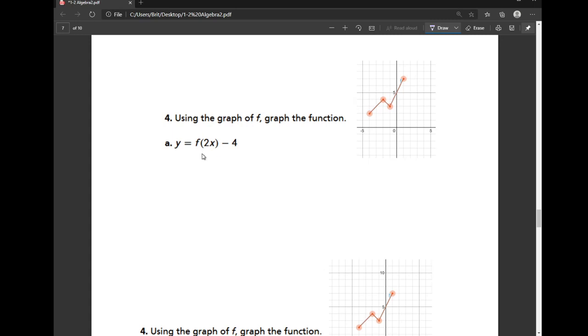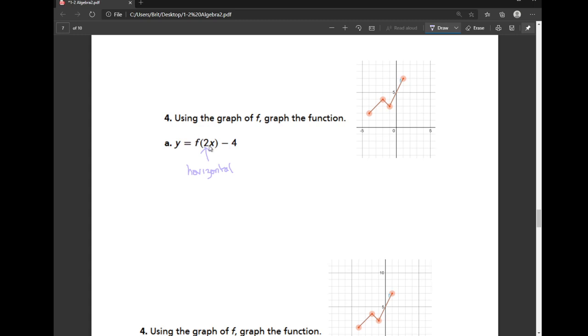Let's start with this 2. So this 2 is inside of the grouping symbol, so that means that it's a horizontal change. It is multiplying to the x, so it's either a compression or a stretch. Now if this was outside, it would be a stretch, right, like the last problem.